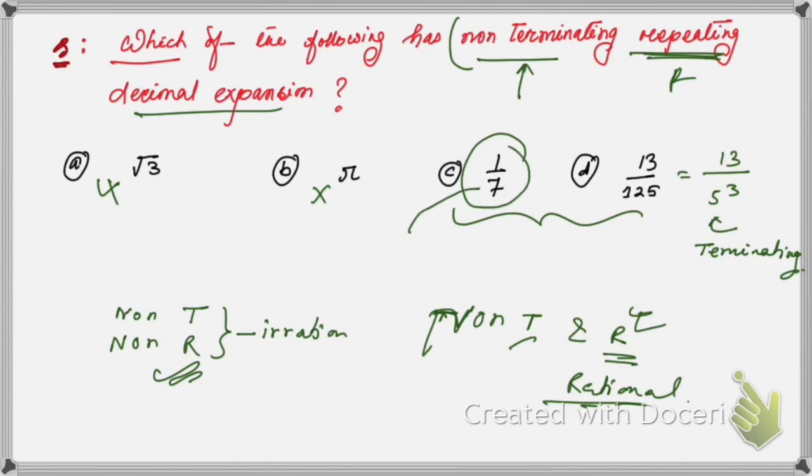Here other than 2 and 5, we have another number, that is 7. So that's why the decimal expansion of this number 1 by 7 is going to be non-terminating and repeating. So hope you have understood the logic behind it. So it was asked in the HSLC exam 2015, right?